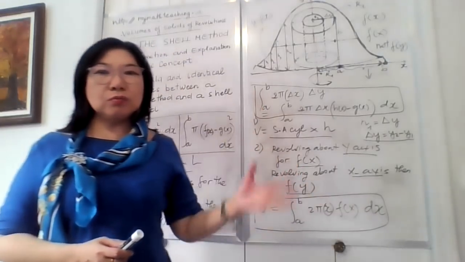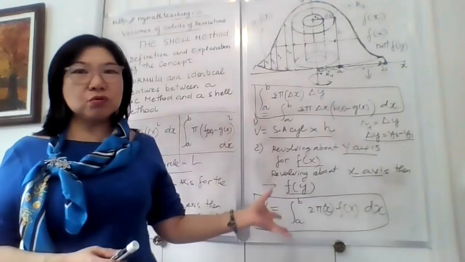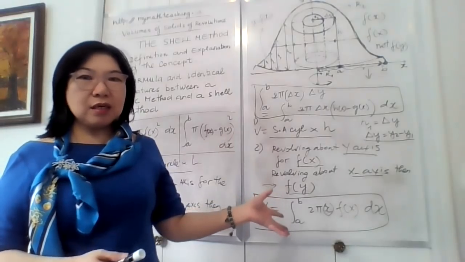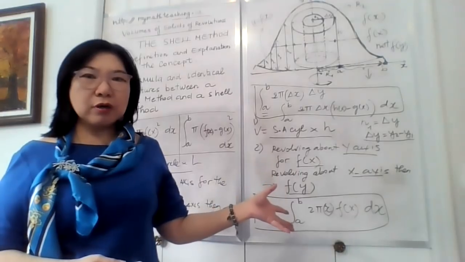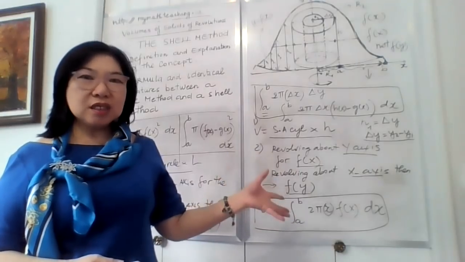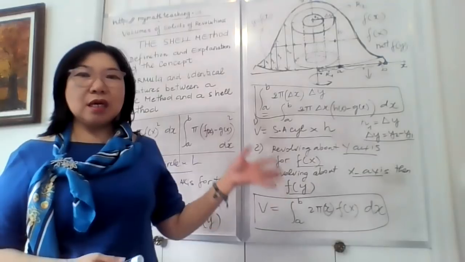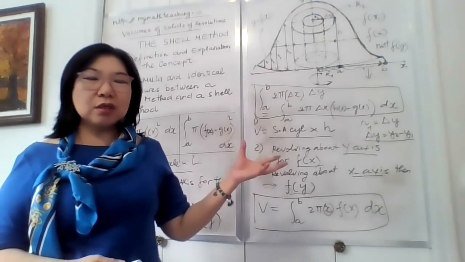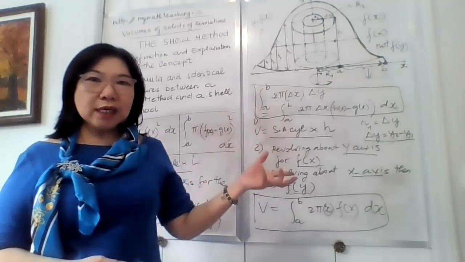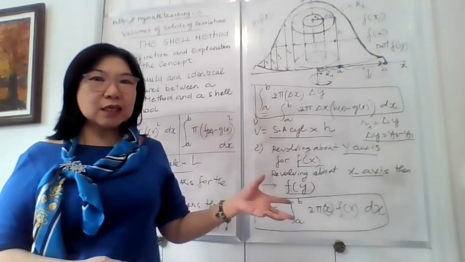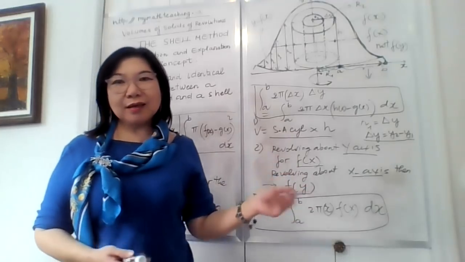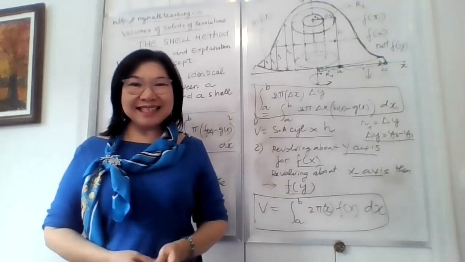So I try to put in this video to show you the concept of it. At least we get the general idea what the shell method means and what this method means and what the differences are between revolving around the y-axis and revolving about the x-axis for each technique, right?